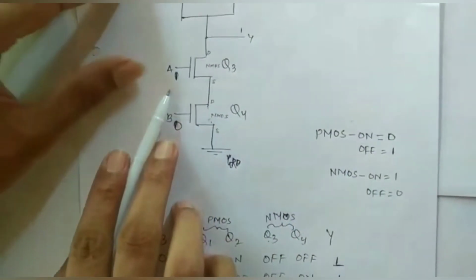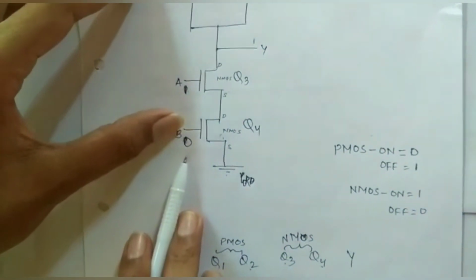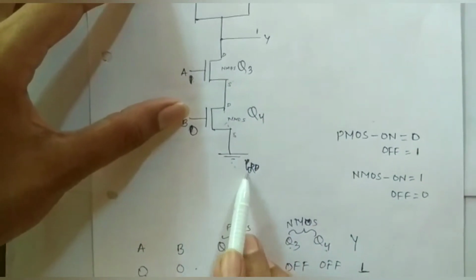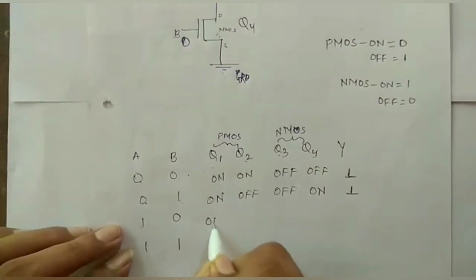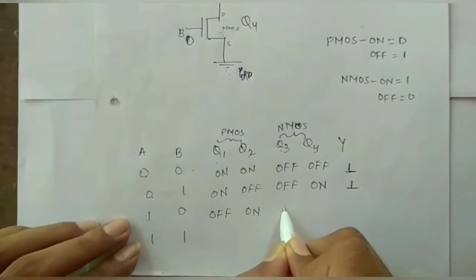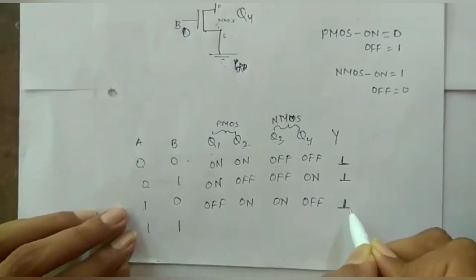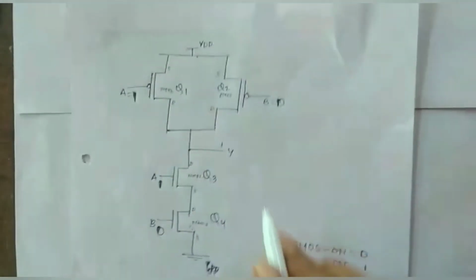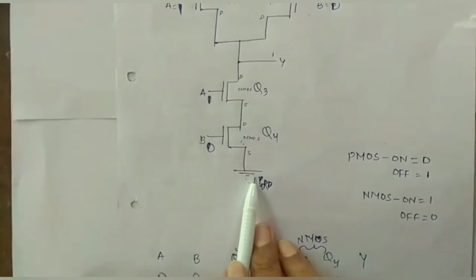Here, since A is 1 the NMOS is on and for B it is off, so it is not connected to ground because this is an open circuit. So Q1 will be off, Q2 will be on, Q3 will be on, Q4 will be off, and again we get output 1 because the output is directly connected to VDD and is not connected to ground.